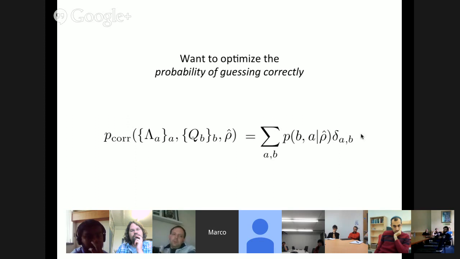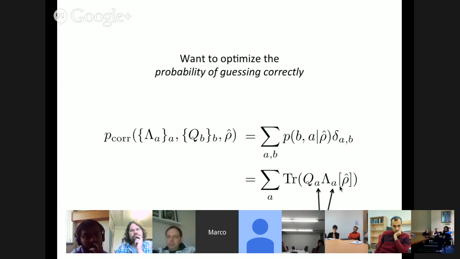And this is the meaning of this Kronecker delta. So this is the kind of expression that we are going to be considering, and the next steps are just that of playing with the several terms that enter: the state, the subchannels, and the measurements.